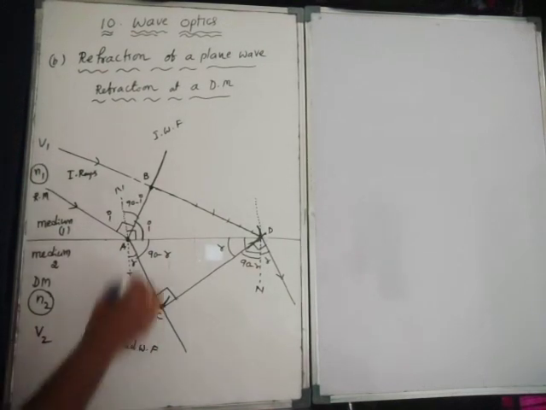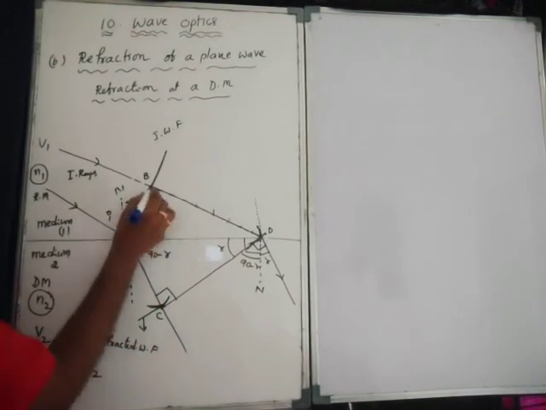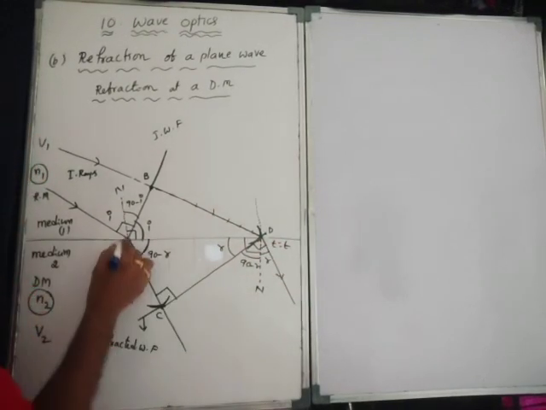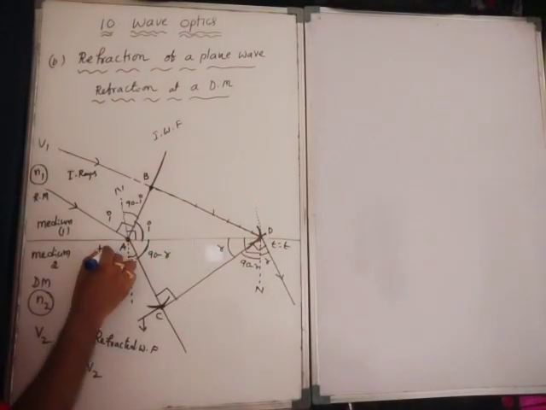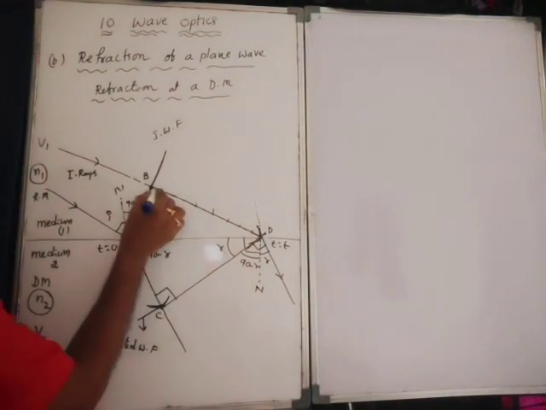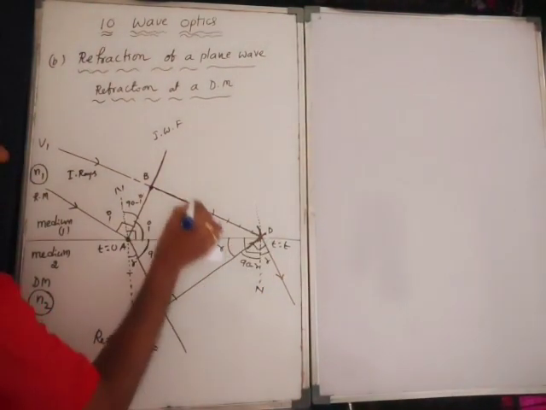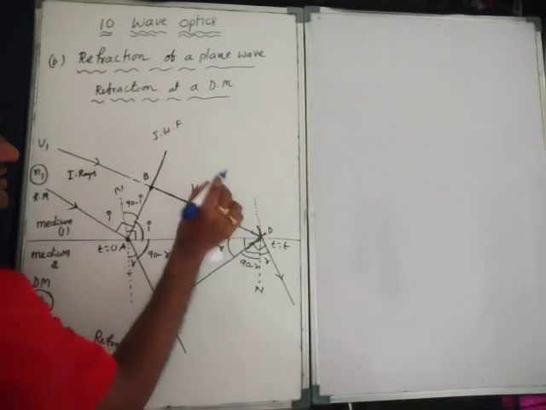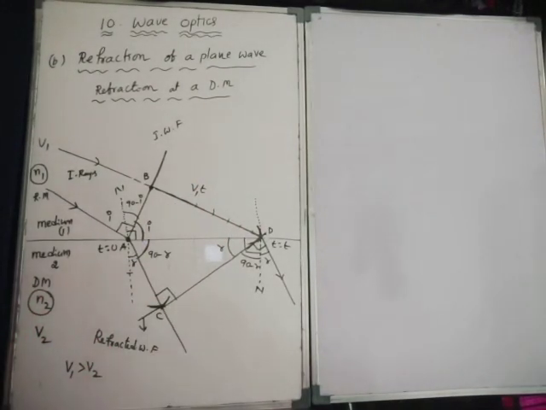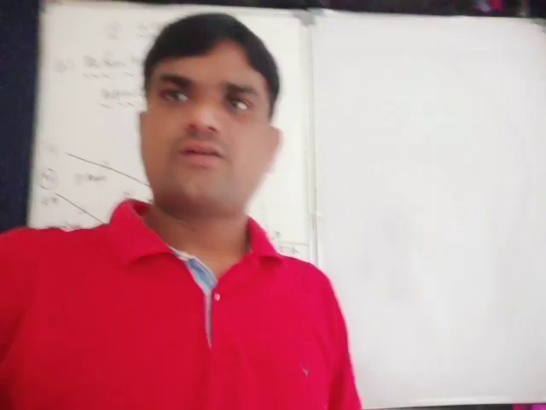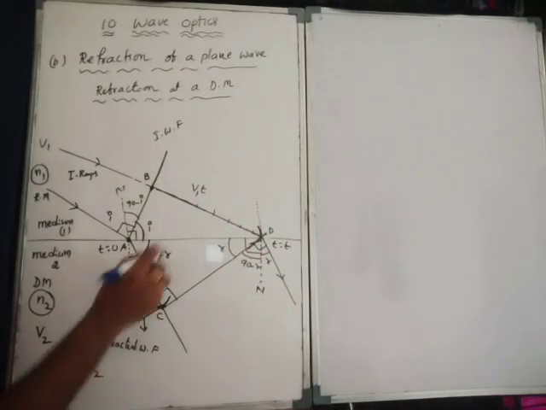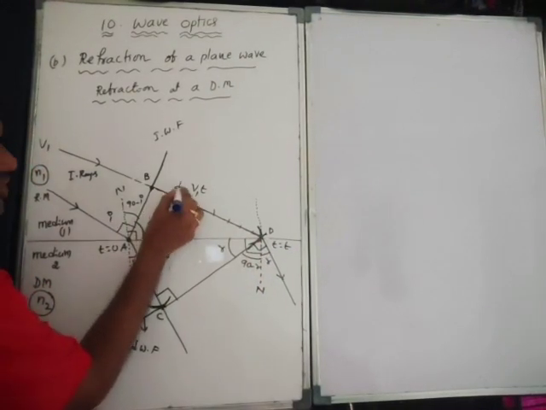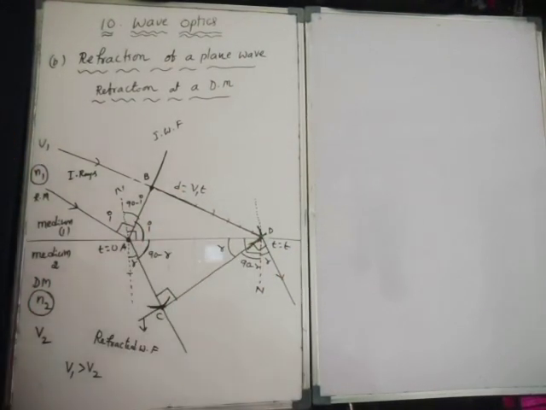So from here, at time t equal to t seconds, and here t is equal to 0 seconds, the distance from here to here is V1 into t. Time is t seconds, so distance d is equal to V1 into t.